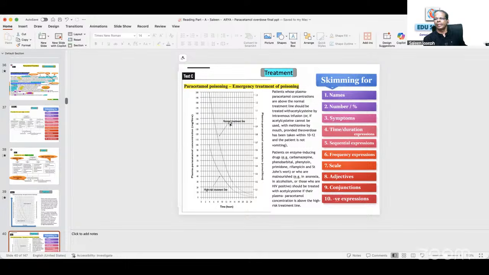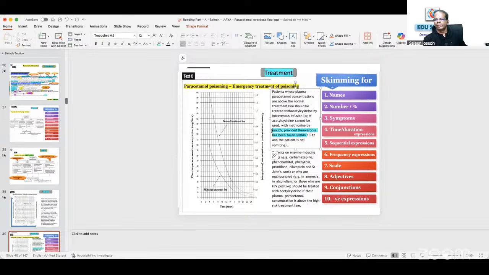That's important. Then here in the text, time in hours: within 0 to 12 hours. Vomiting is a symptom. Then medicine: methionine cannot be used. Give me 1 second, I'm highlighting it.